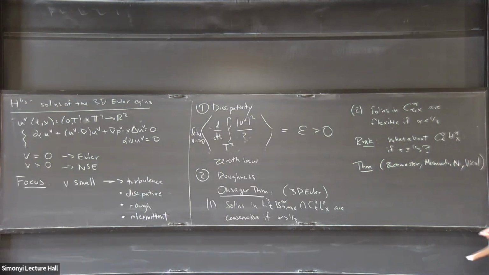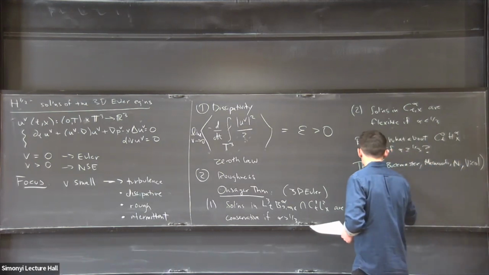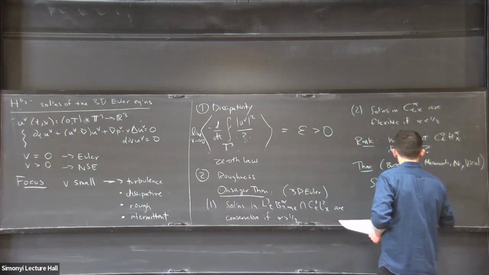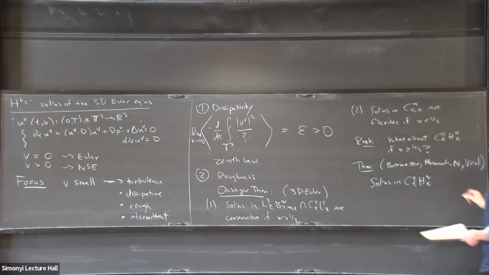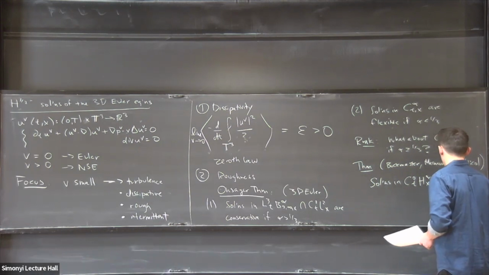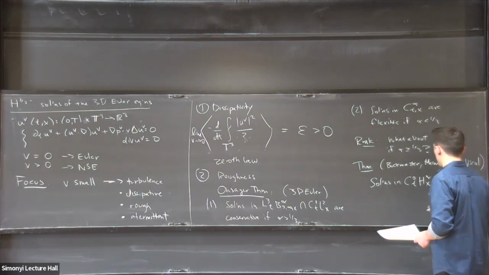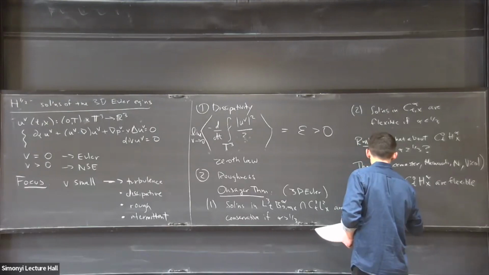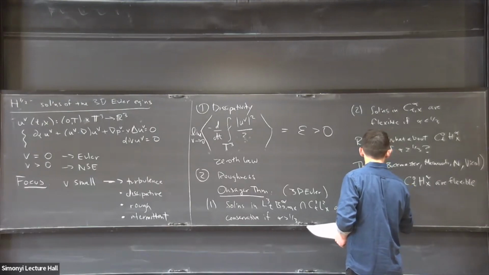And what it says is that solutions in C^0_t H^α_x are flexible if α is less than 1/2.